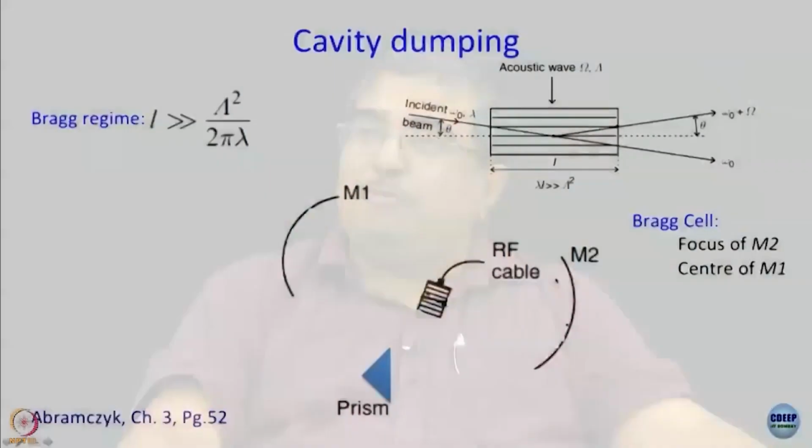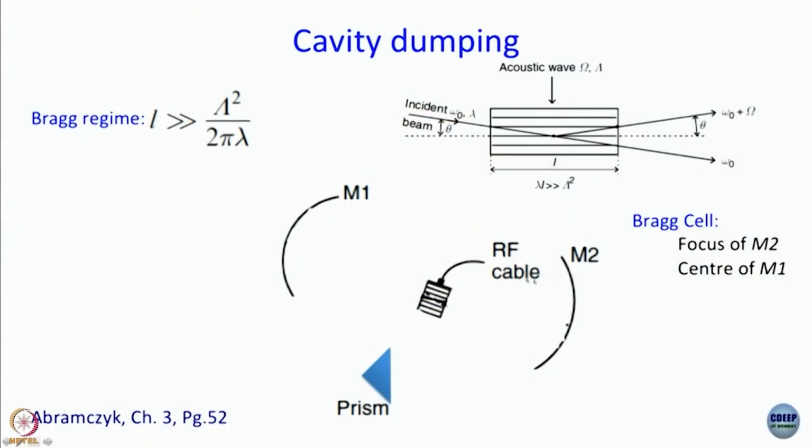Before showing you the beam path, one thing that I did not say earlier, and it is important to say, otherwise it is very difficult to follow, is that this Bragg cell here is kept at the focus of M2 and at the center of M1.